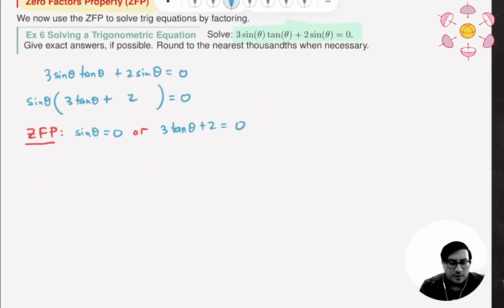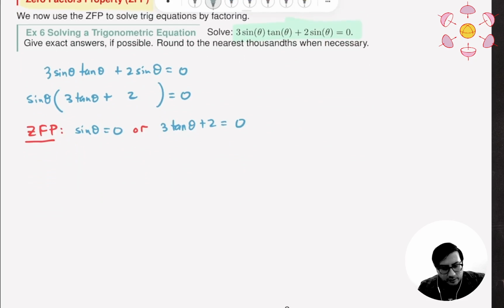But let's keep going. So let's solve sine theta equals 0 using the unit circle method first. Here's our circle. Sine theta, we know we're looking for when the y value equals 0. So basically, there's our y equals 0. These are our two solutions.